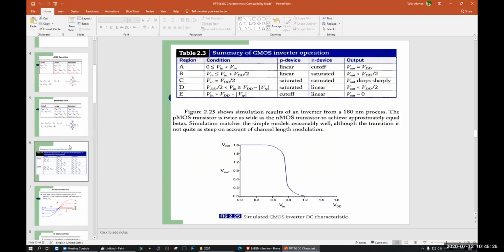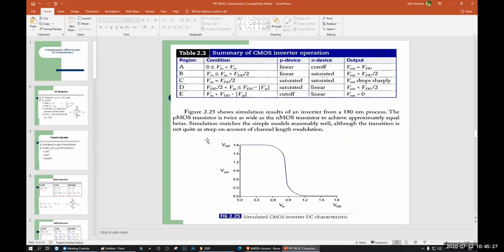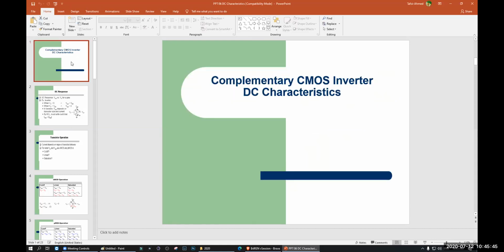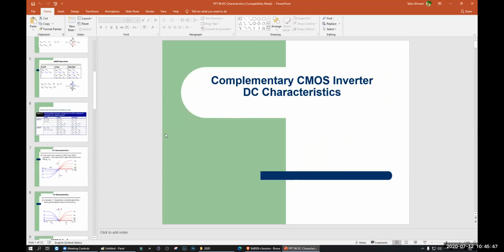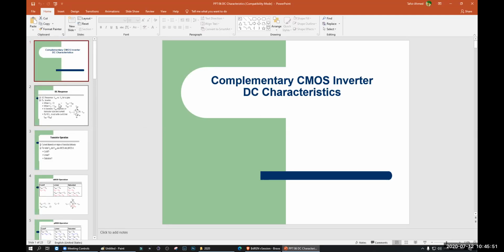This was supposed to be taught in the first class, but the problem is you have to have the knowledge of why the graph is going left side or why the graph is going right side. That's why we delayed this topic. And since our lab number 1, 2, 3 is finished, we can start it now.